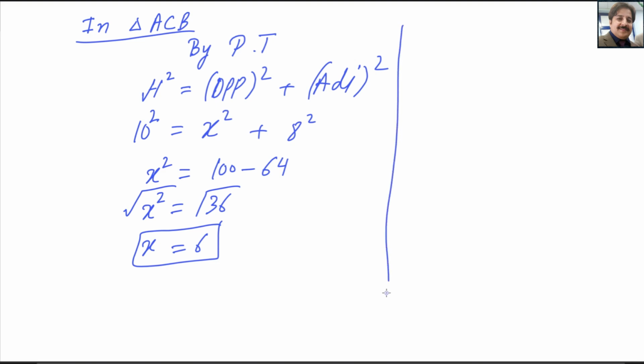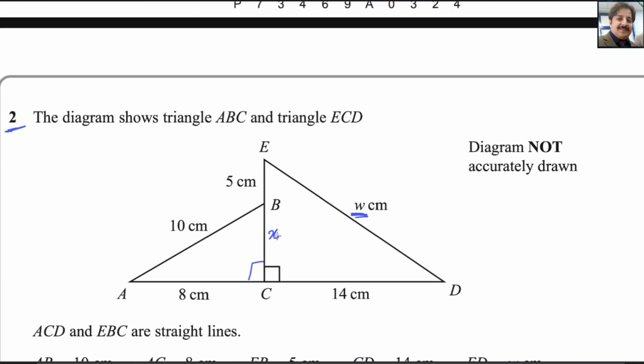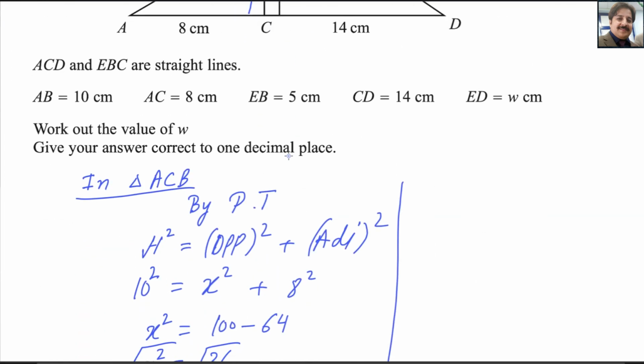Now in the other triangle, because x is known now, x is 6, therefore CE will be equal to 6 plus 5, equals 11 centimeters.